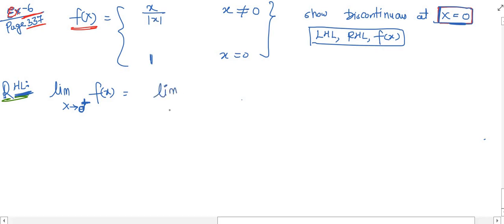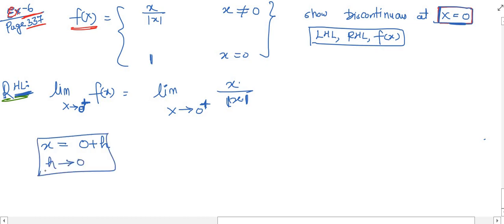Let me write down limit x tending to 0 plus, x by mod of x. Now since it is a fractional question, we will use the h method, correct. So x is replaced by 0 plus h, look carefully, because this is plus, that's why 0 plus h, and h is tending to 0.